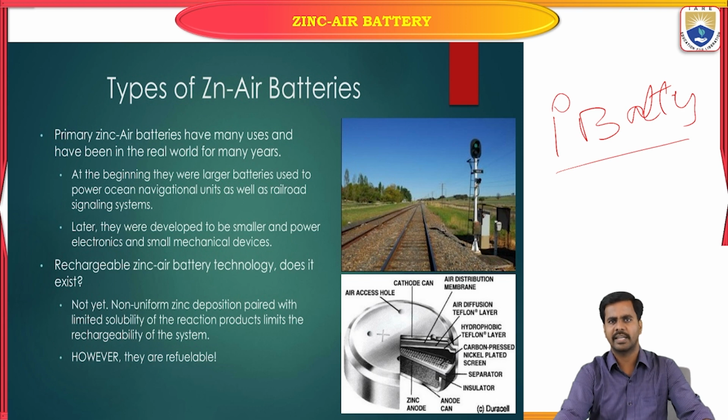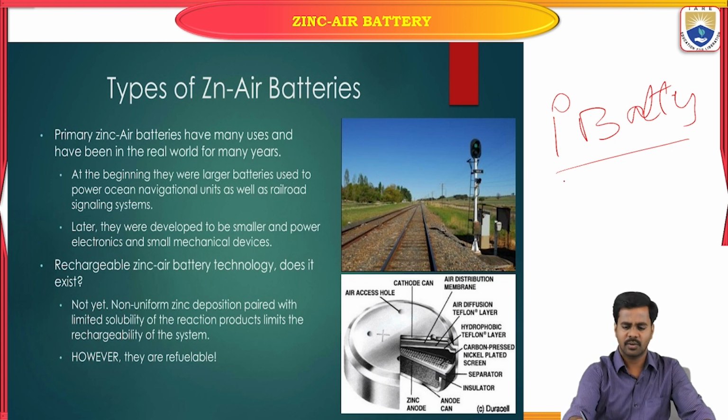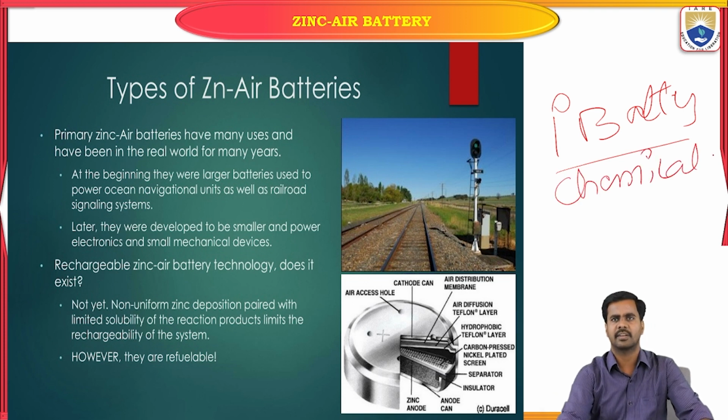Here there is no electrolytic reaction. That means whatever chemical is present in the battery is converted into electrical energy. That means chemical energy is utilized to produce electrical energy. So that is the electrochemical cell. Here chemical energy is converted into electrical energy. In primary battery, only an irreversible reaction takes place.